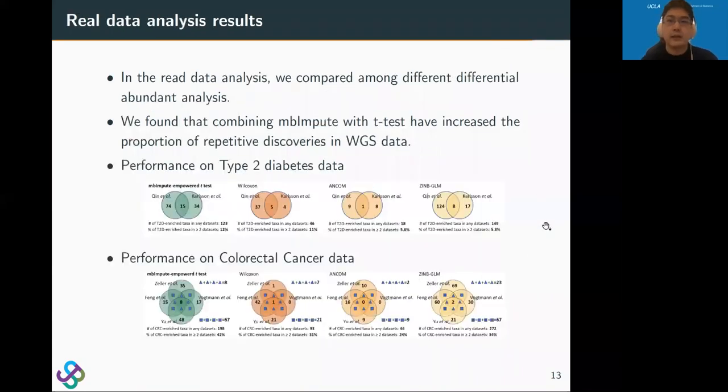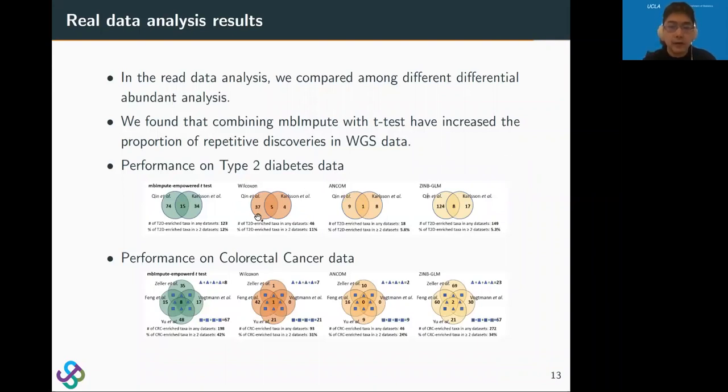And in the case of real data, we compared among different differential abundance analyses. We found that combining mbImpute with t-test increased the proportion of reproducible discoveries in the whole genome sequencing data. First, we performed our method on the type 2 diabetes data.